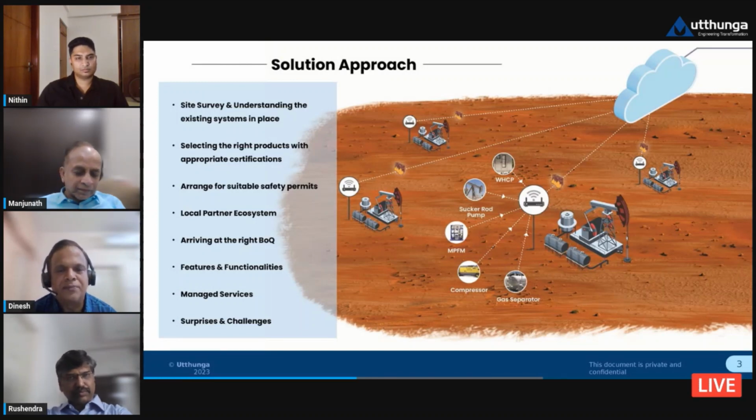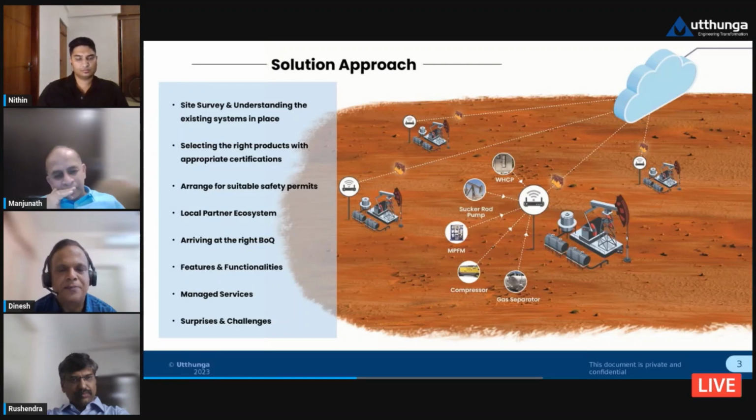And then of course, once we understand this, we can really put the right solution together and choose the right products which can sit in this type of environment, and which need to meet these requirements of securing the data and providing those insights to the customer remotely.